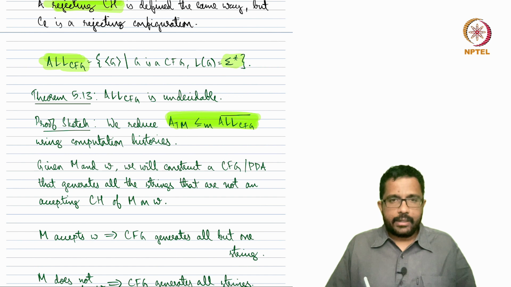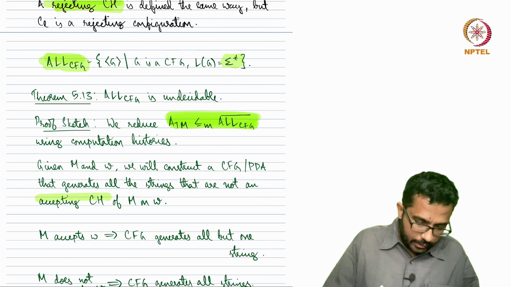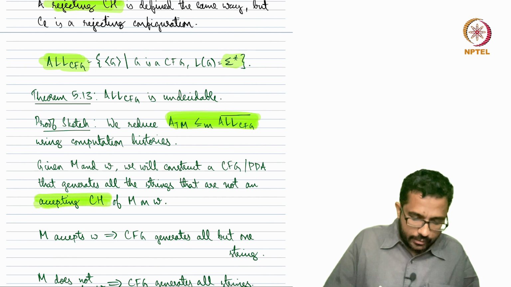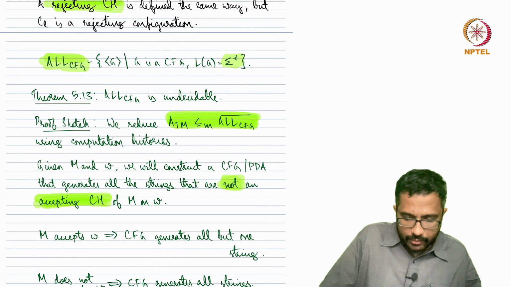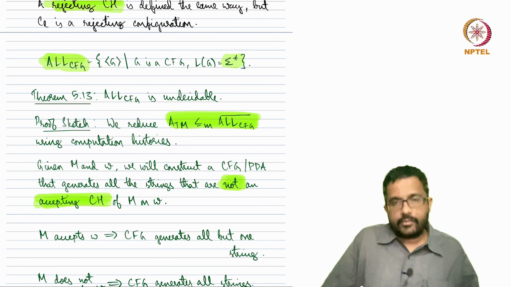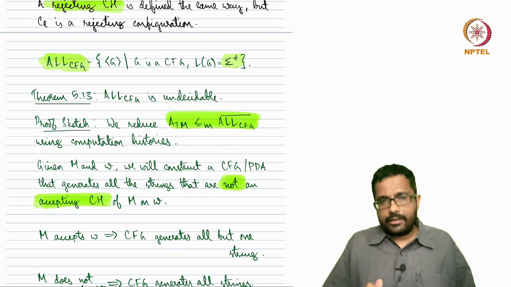This grammar or PDA will generate all the strings which are not an accepting computation history of M on W. That's also important: it will generate everything which is not an accepting computation history.